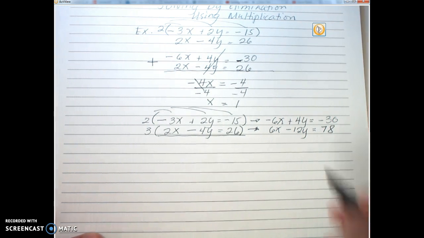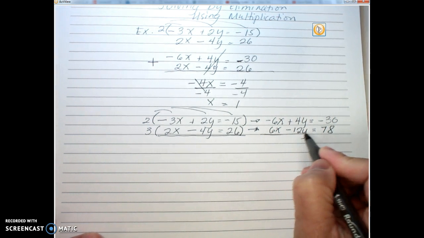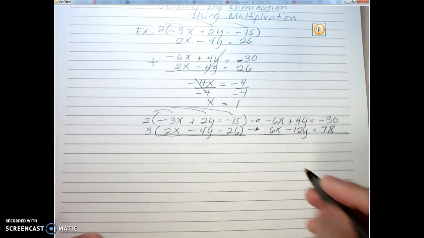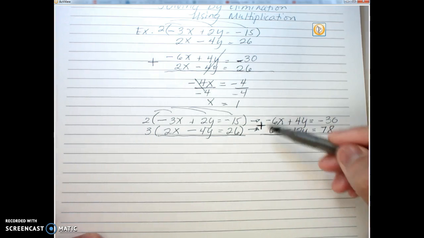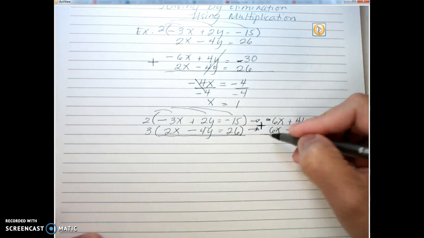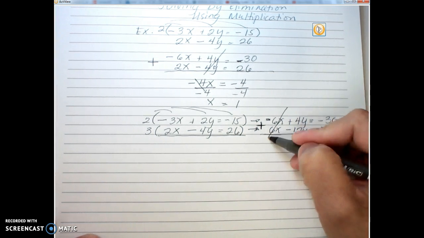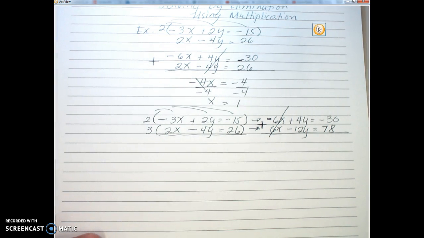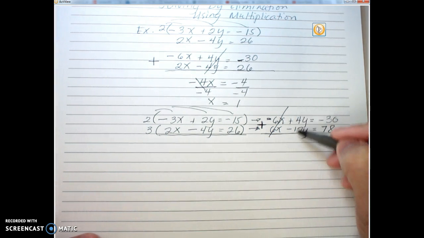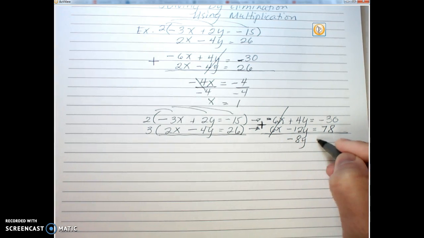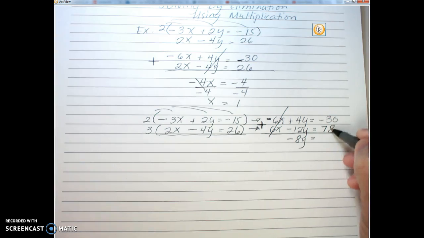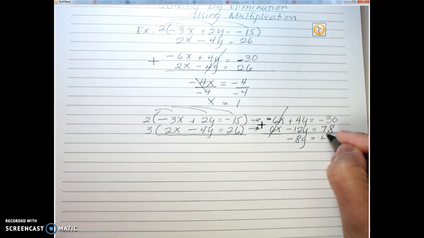All right. So to eliminate the x, I must add, because the signs are opposite. This is negative, this is positive, so I must add so that this turns to a 0. So if I add, this is going to become negative 8y equals, if I add this, it turns to a 48.